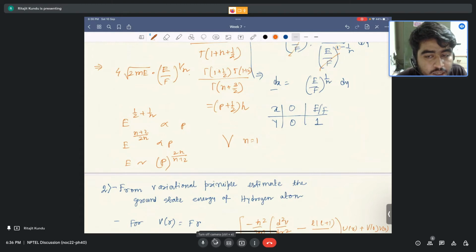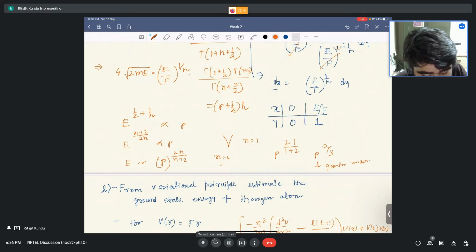For n equal to 1, you can see clearly that this becomes p to the power 2 times 1 over 1 plus 2, so p to the power 2 by 3. So this actually matches with the result. Here p is an integer, the quantum number.